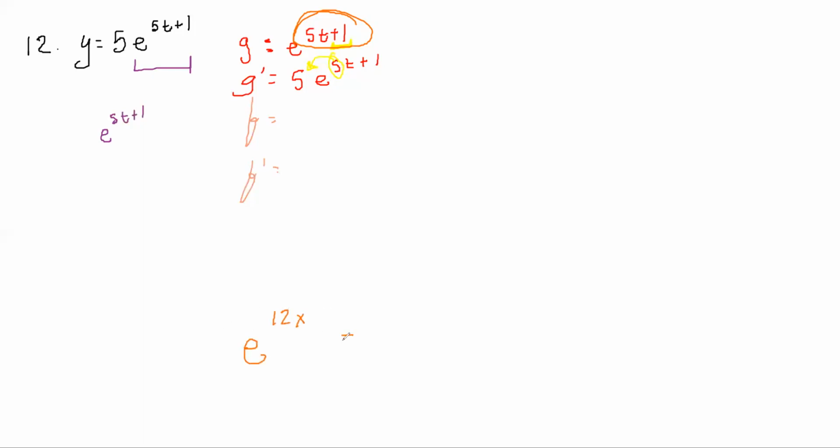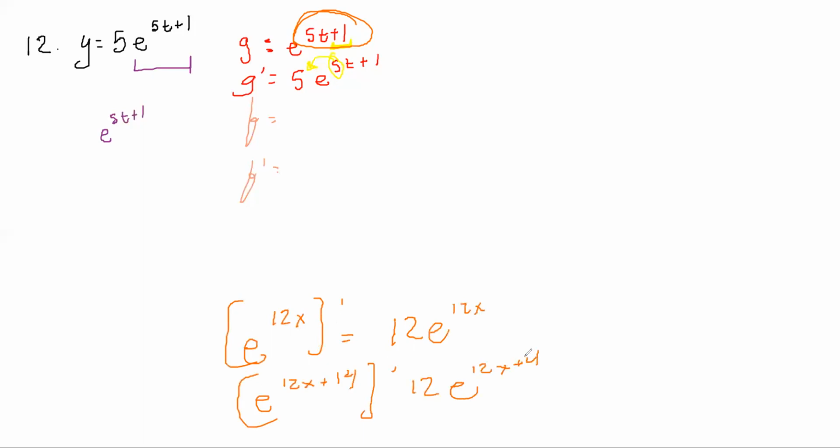If I were to take that derivative, it's going to be 12e to the 12x. But if I had e to the 12x plus 14, I can't just make that 12e to the 12x plus 14, because there's a difference here between having an addition in this expression.